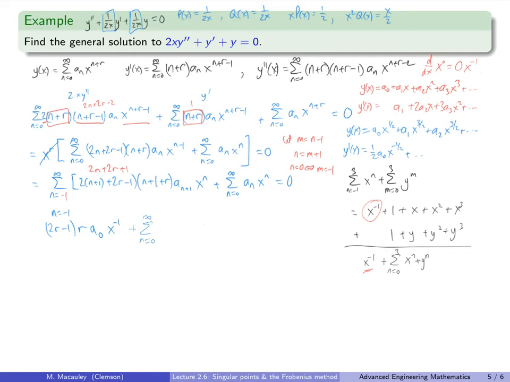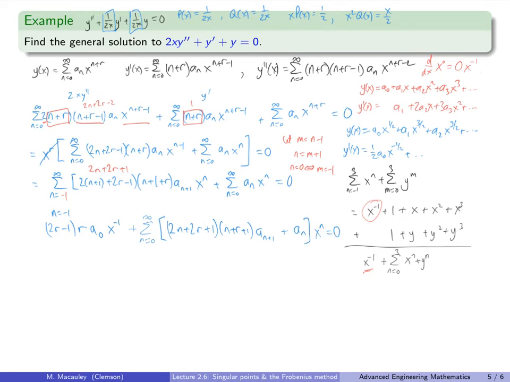So I have 2n plus 2r plus 1 times n plus r plus 1 times a to the n plus 1 plus a to the n, and I'm going to factor out an x to the n and set that equal to 0.